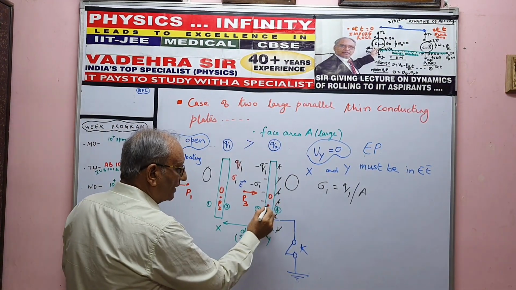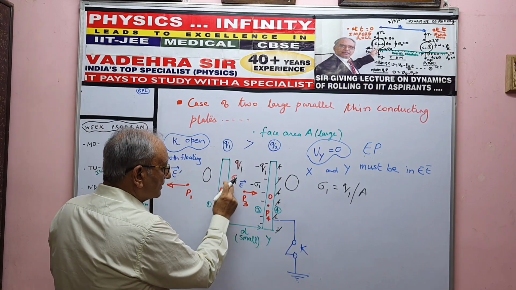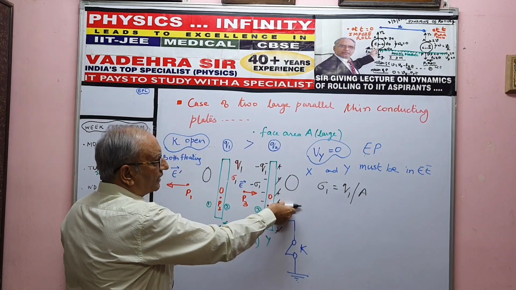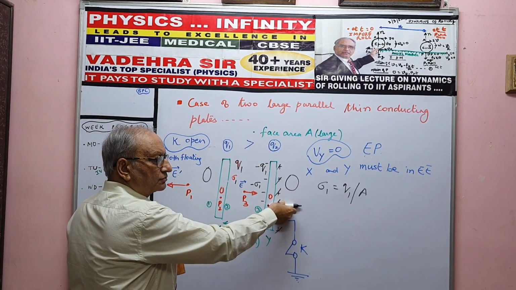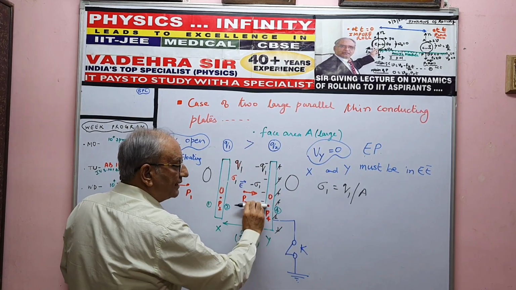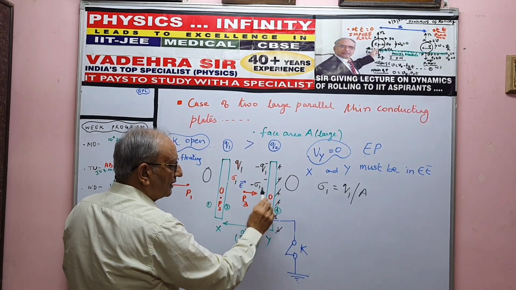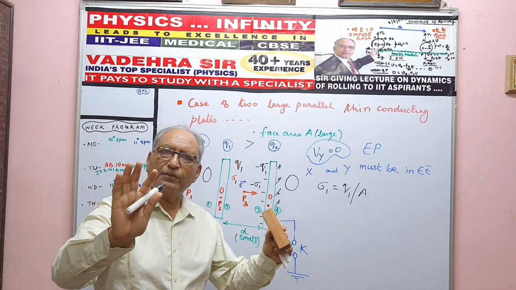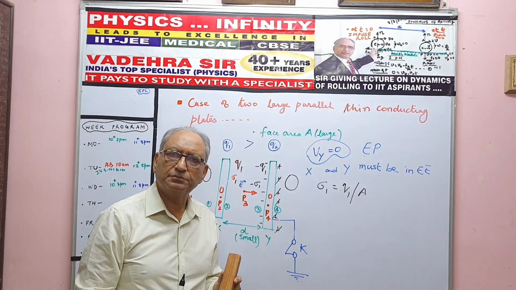Now let's check over here. Sigma 1 creates a repulsive field here, sigma 1 by 2 epsilon naught I cap, and minus sigma 1 will create an equal and opposite field, which should cancel to give you 0 here. So the plate Y is in electrostatic equilibrium.